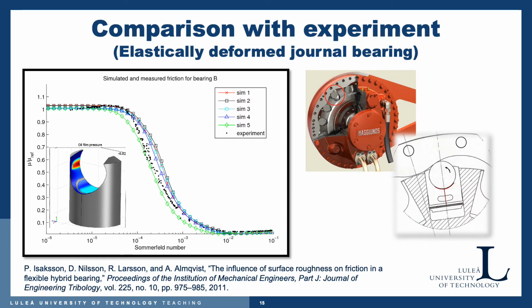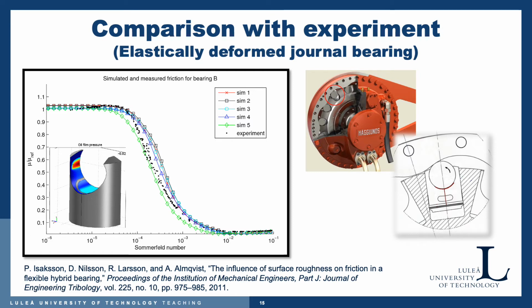Okay, and within the axis is a number of curves. The dotted lines are the experiments, and as you can see, they follow this typical Stribeck-like curve. And then we have 5 different simulation results.